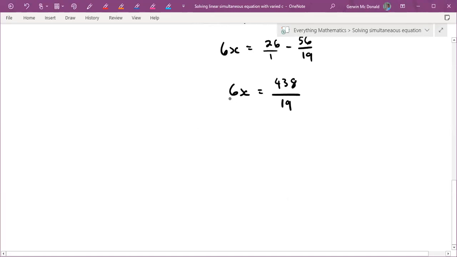And then when I divide by 6 on both sides, x will ultimately work out to be 73 over 19, which is approximately equal to, according to my calculator, 3.84, to 2 decimal places.